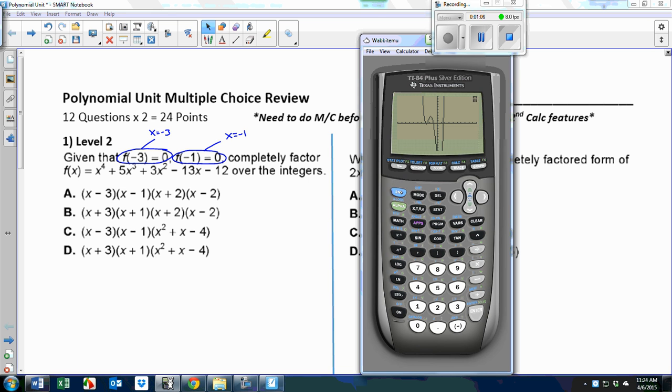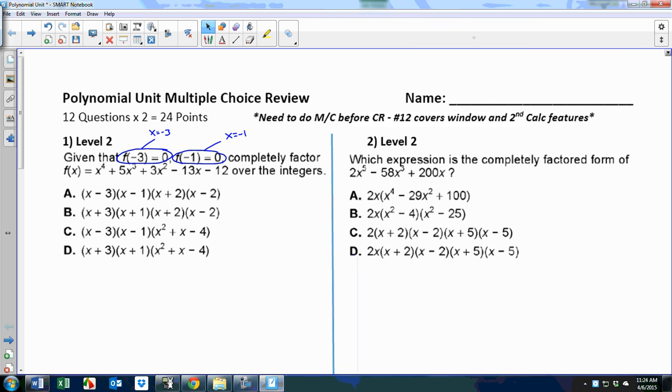I have to do this because the problem already told me that. But here's the connection that you may have forgotten that you need to remind yourself of. If it crosses at x equals -3, then that means x plus 3 was a factor.